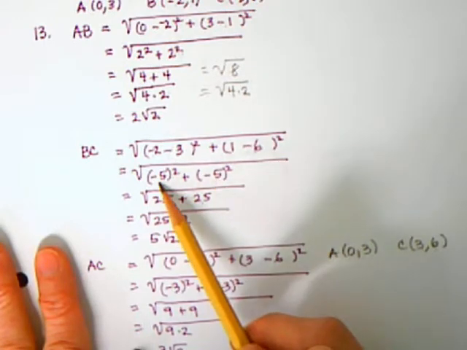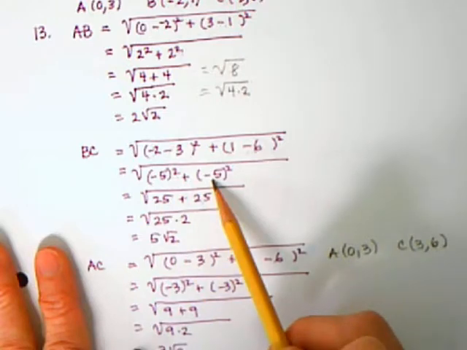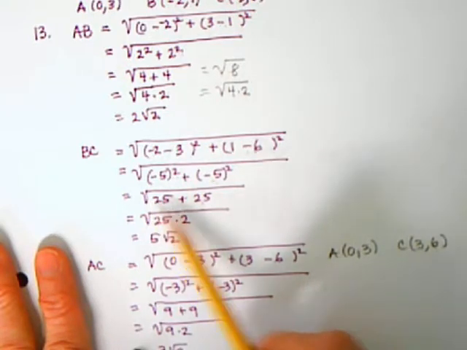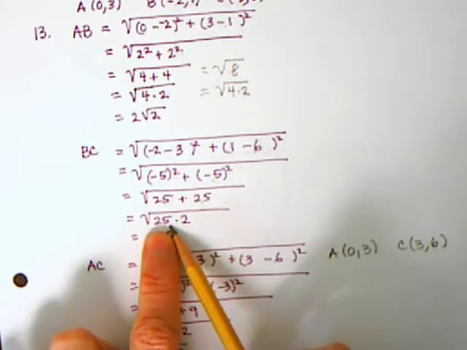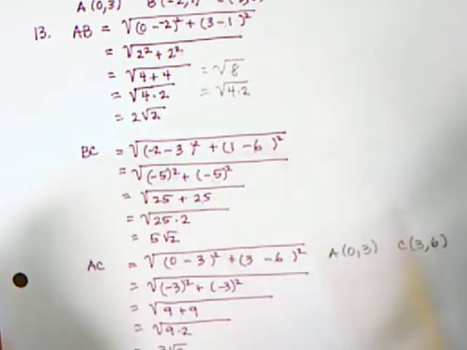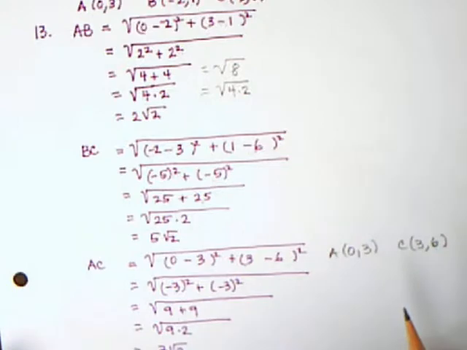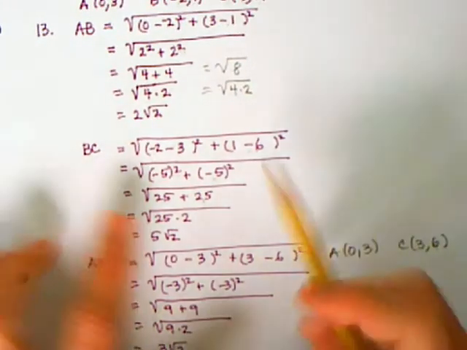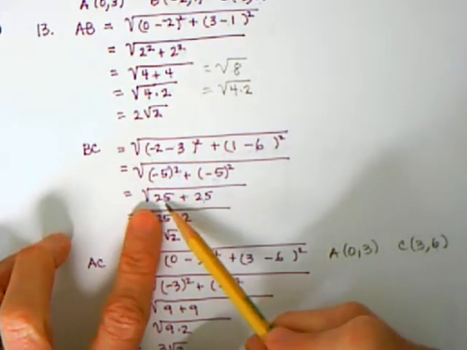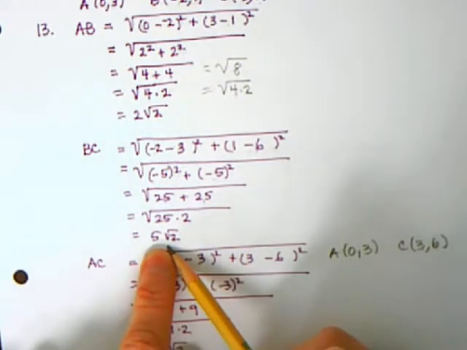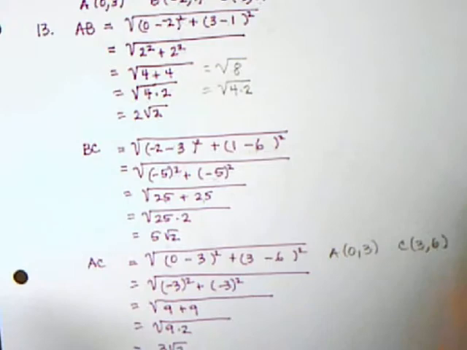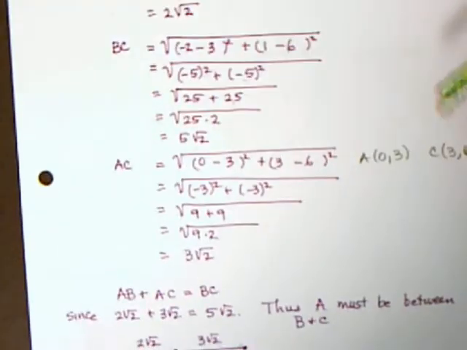So this negative 5 quantity squared is 25. Again, 25. Square root of 25 plus 25, which I recognize as 25 times 2. Remember, multiplication is just a series of additions. All right, so 25 plus 25 is 25 times 2, and then that's 5 radical 2. So that's BC.